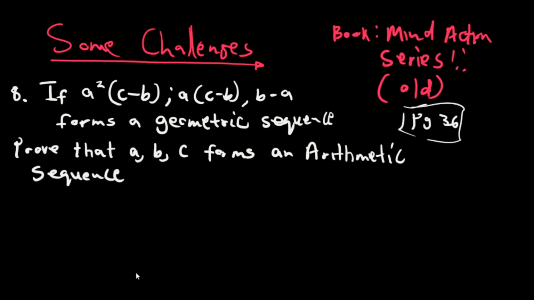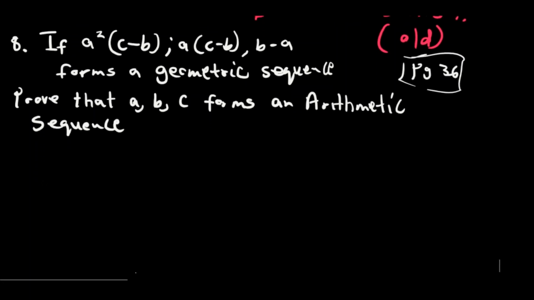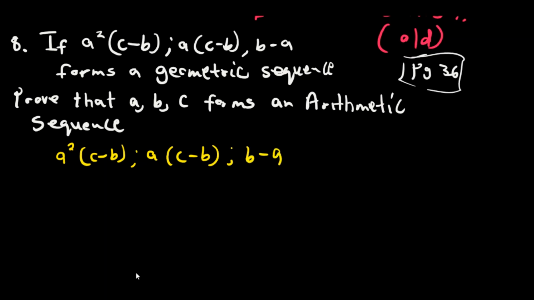So what we're going to do here is we're going to first use the geometric sequence expression here of a squared c minus b, a into c minus b, b minus a. So the properties of a geometric sequence says that if you have r, which is t2 over t1, it must be equal to t3 over t2, right?